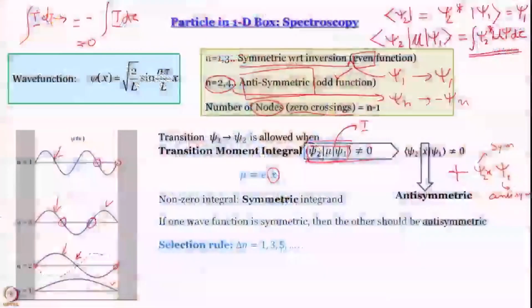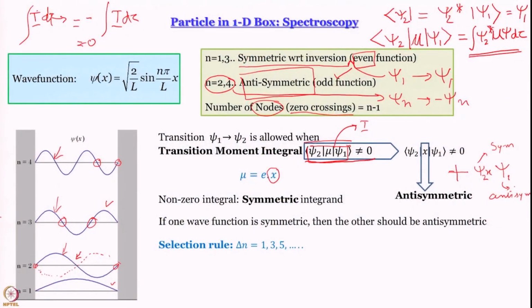So, the selection rule then is delta n equal to 1, 3, 5, so on and so forth. Why? Because if you remember the wave functions, alternate wave functions are symmetric and antisymmetric. N equal to 1 symmetric, n equal to 2 antisymmetric, n equal to 3 symmetric again, n equal to 4 antisymmetric once again. So, delta n equal to 2 can never happen.